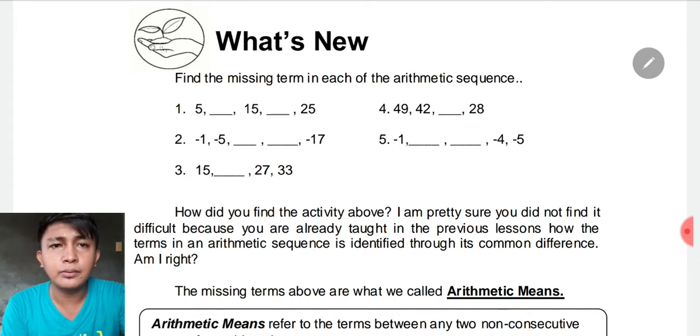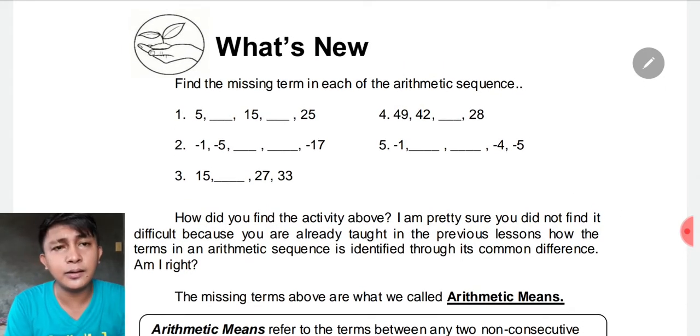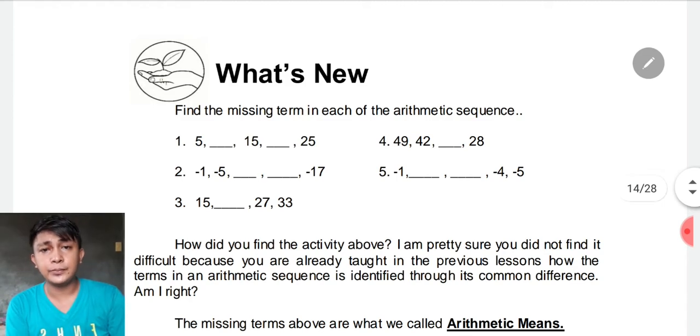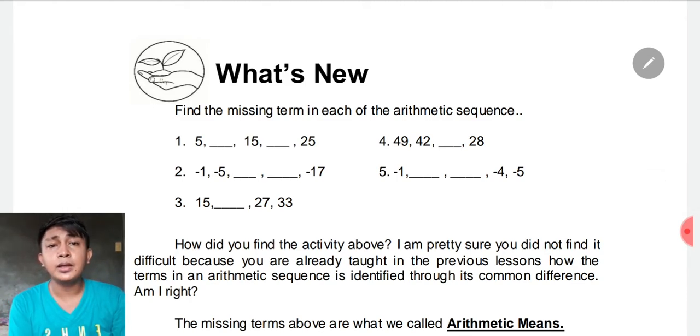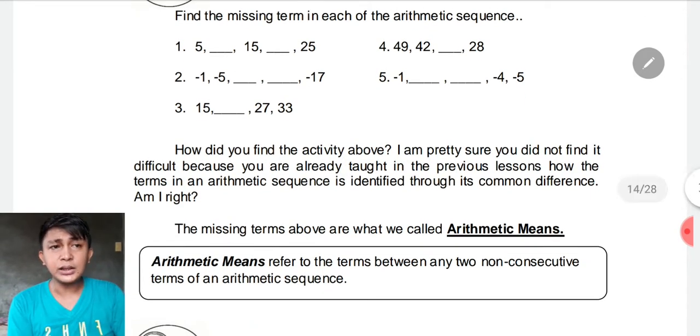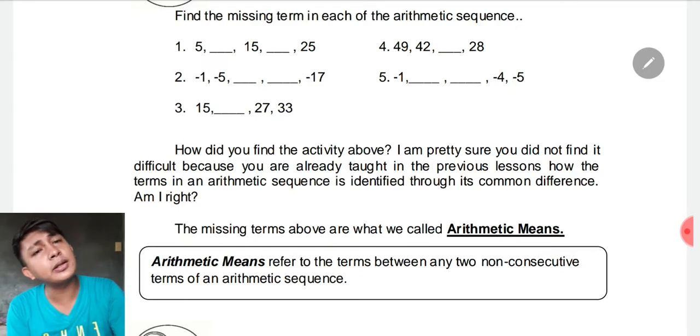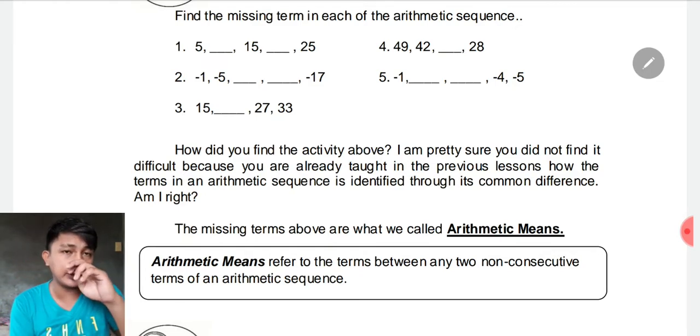What is in the middle of 5 and 15? When there is only one missing term between two non-consecutive numbers, just get their average. When talking about average, add the two, 5 plus 15, and divide it by 2. So 5 plus 15 is 20, divided by 2, we have 10.